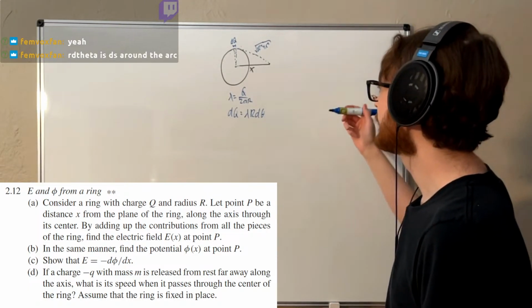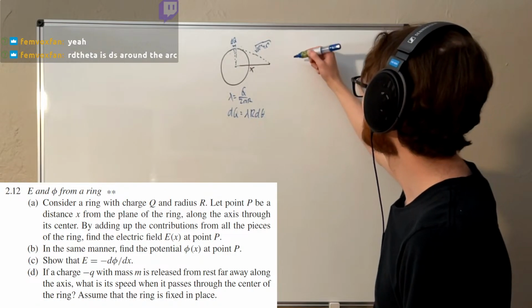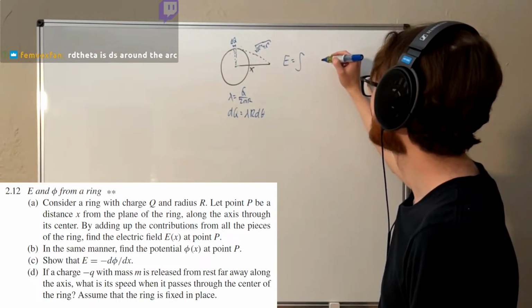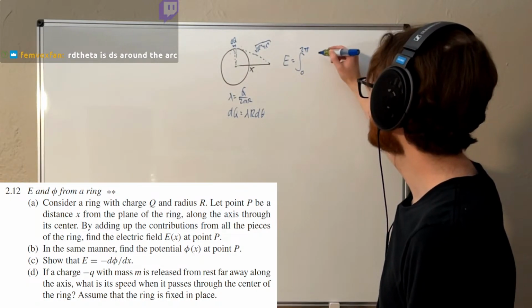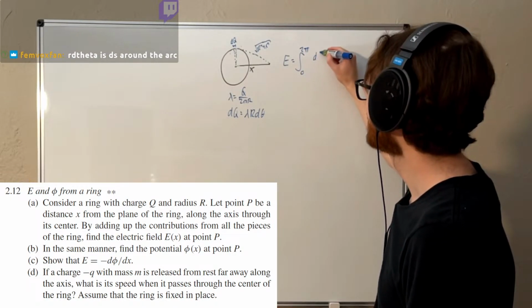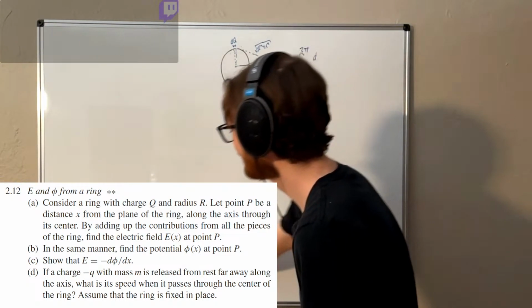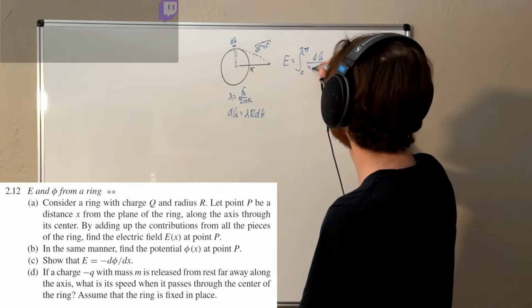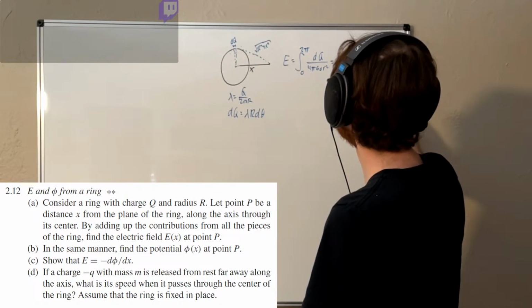If we Coulomb's law this thing, zero to 2 pi, d. I meant to write q. 4 pi epsilon naught r squared. 0 to 2 pi.